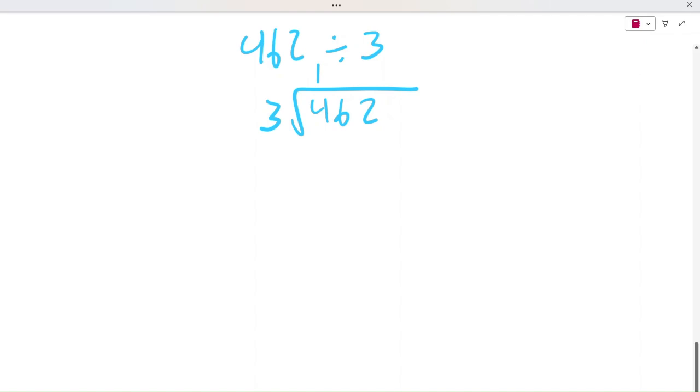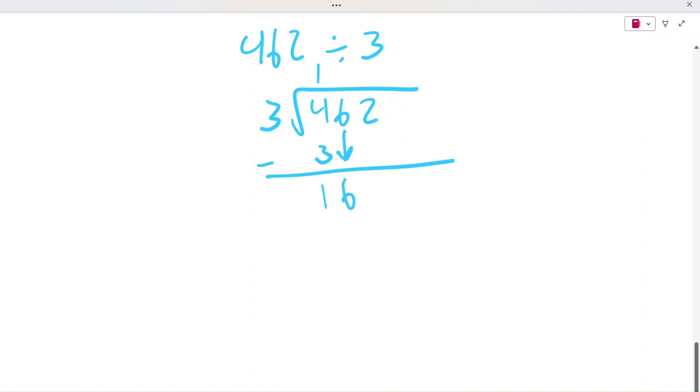Let's move this 2 out of the way. And now we multiply after dividing. So 3 times 1 is 3. That goes below. Subtract: 4 minus 3 is 1. And then we bring down this 6.